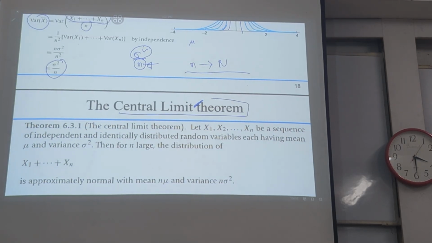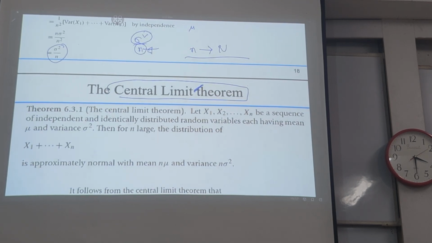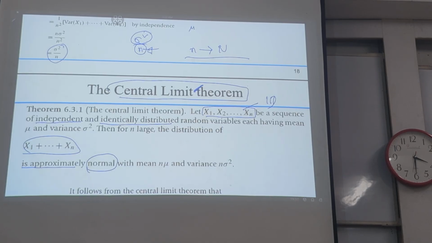The central limit theorem is very interesting and very simple. What does it say? It says that if X1, X2, and Xn are independent and identically distributed, then their sum is approximately normal.